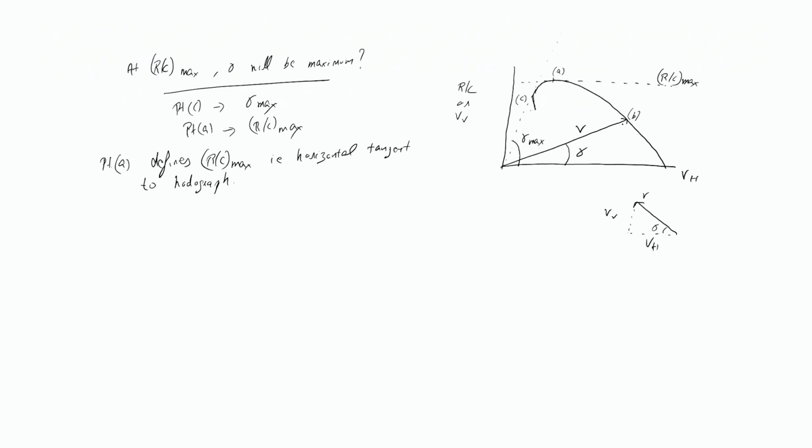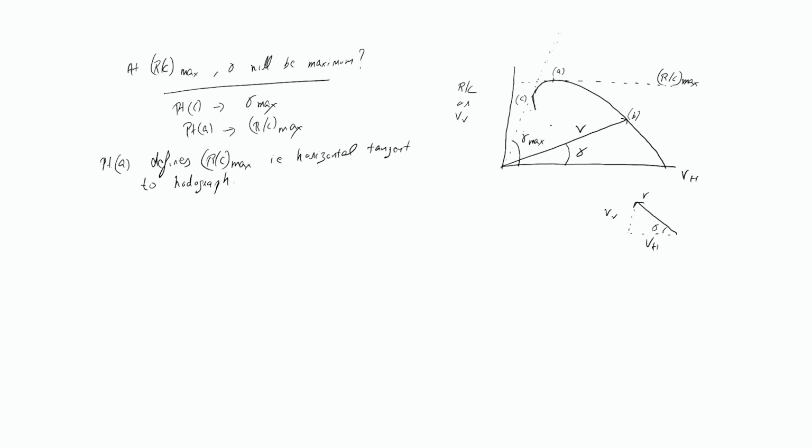As this velocity is rotated counterclockwise, the rate of climb first increases, becomes maximum at point A, and then finally decreases. At point C the line becomes tangent, and this tangent line gives the maximum climb angle, gamma maximum, for which the aircraft can maintain steady level flight.